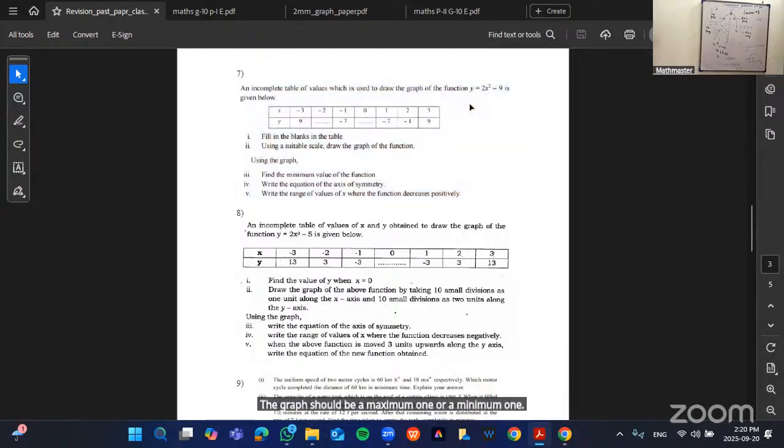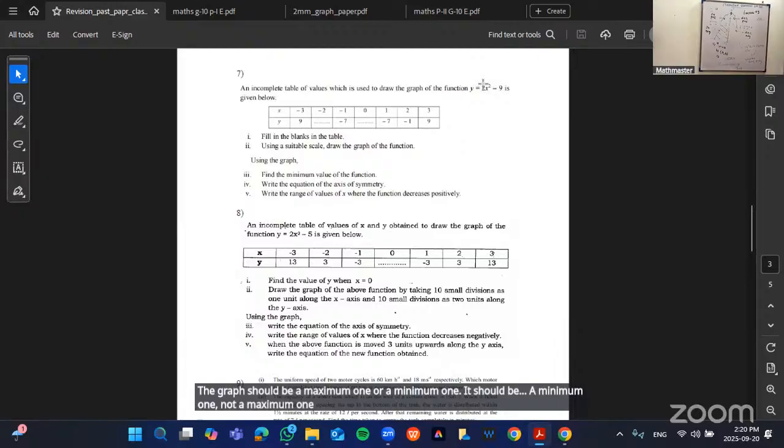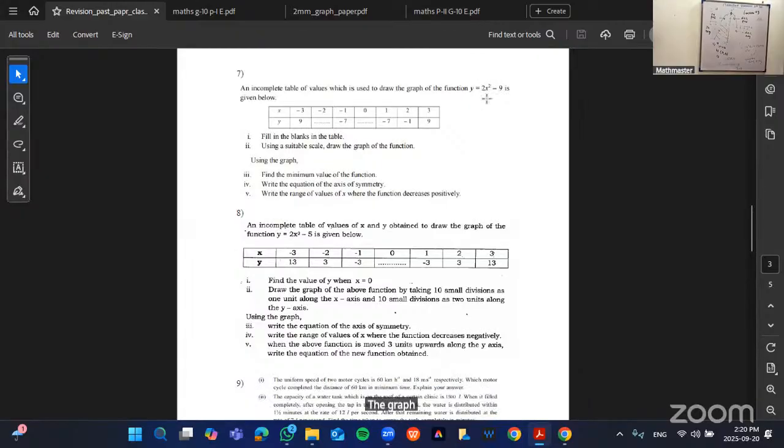It should be a minimum one, not a maximum one, right? So you can just guess the graph. Then the graph which you guess should be something like this. Since the sign is plus, it should be a minimum graph. That means it should be like this. Now see, when we plot the graph it will come like this. You can just guess the graph and write.